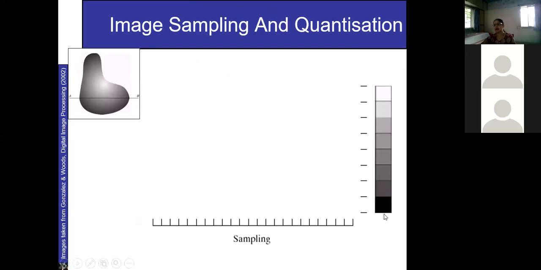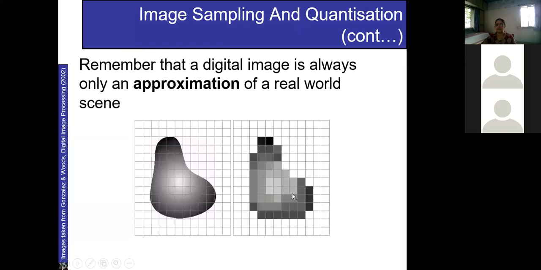These 8 gray values are equivalent to these amplitudes. So you can observe here fewer gray shades as compared to the original image. Here the number of gray shades is only 8.